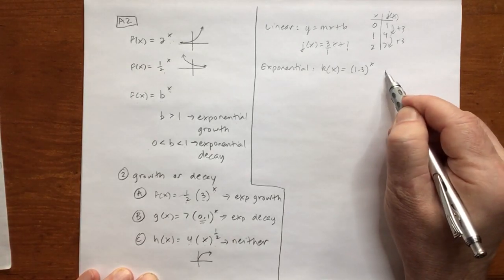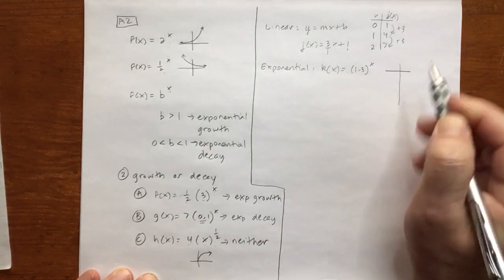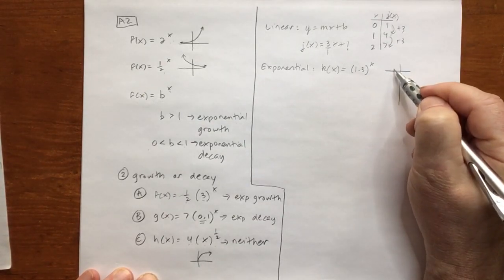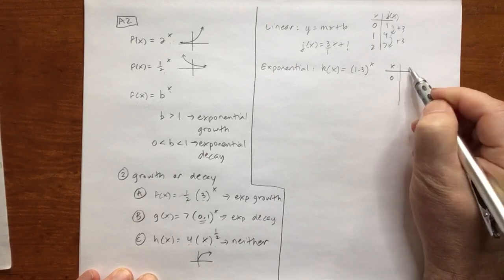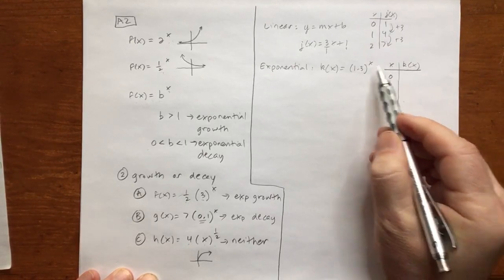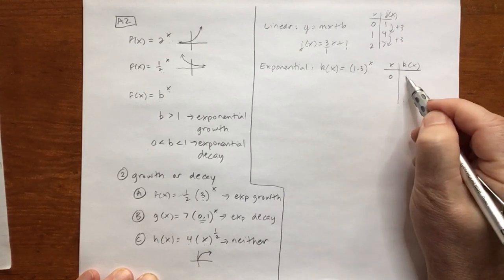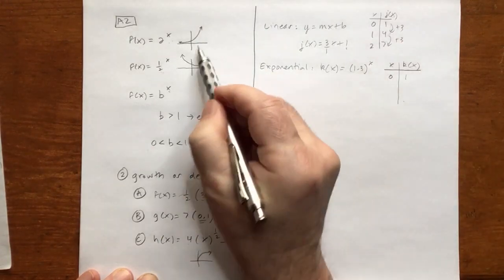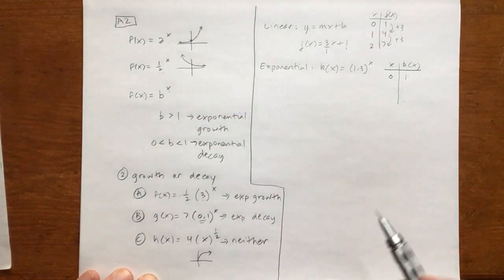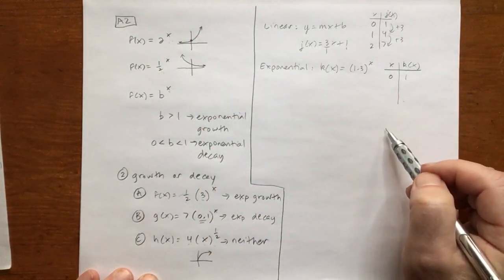And so let's go ahead and see what we're doing here. And then we'll talk about how to break that apart to understand really what we're doing. So I'm going to start with x equals 0, and I'll get my k values. So if x equals 0, 1.3 to the 0 power is 1. And so we talked about that earlier, that 0, 1 must be some sort of important point. It looks like another y-intercept there.